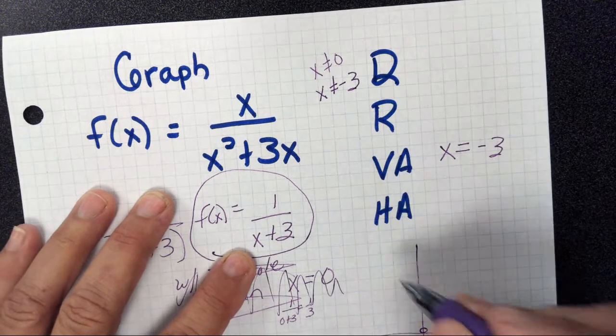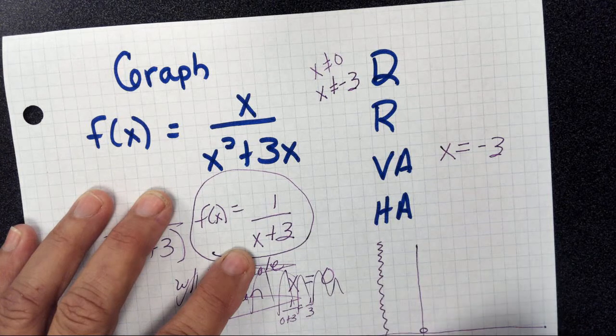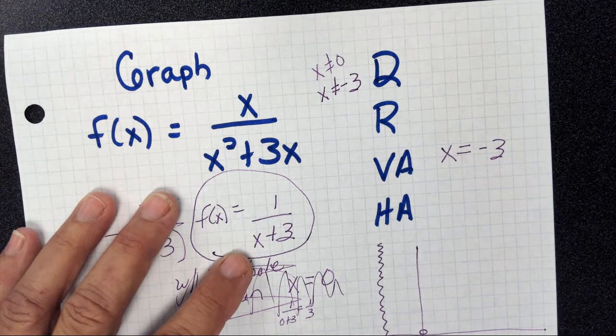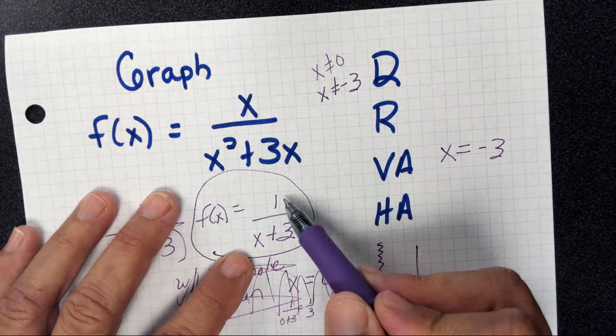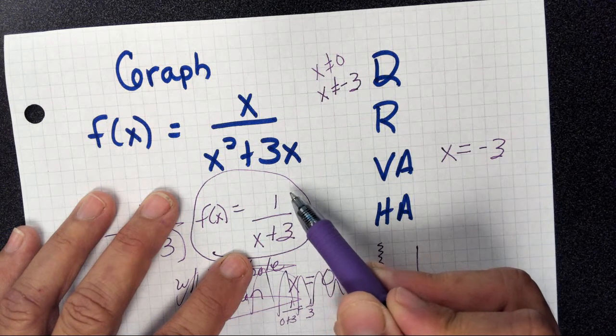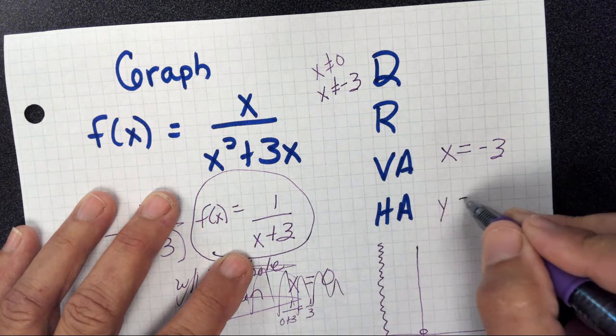So I'm going to come to negative 3, and I'm going to draw my vertical asymptote. Horizontal asymptote: is the degree of the top same, smaller, or bigger than the bottom? Smaller, which means horizontal is automatically y equals 0.